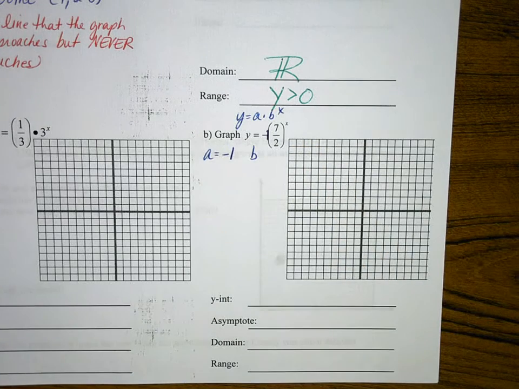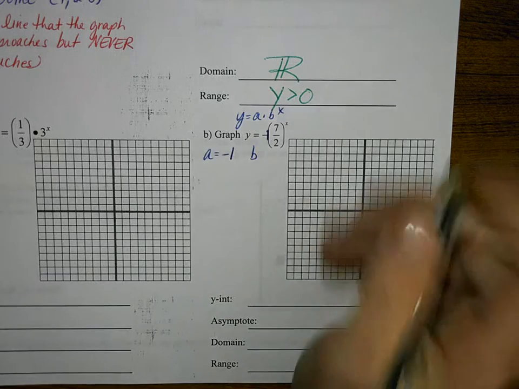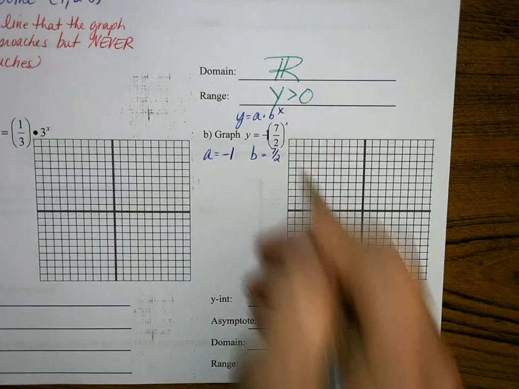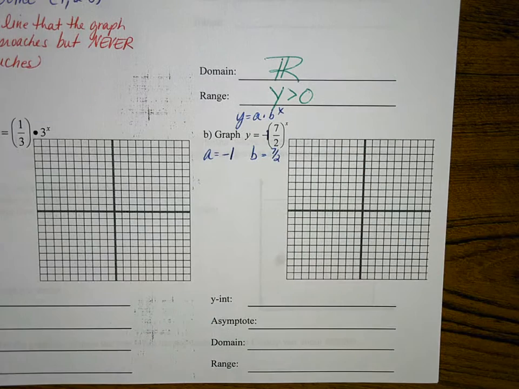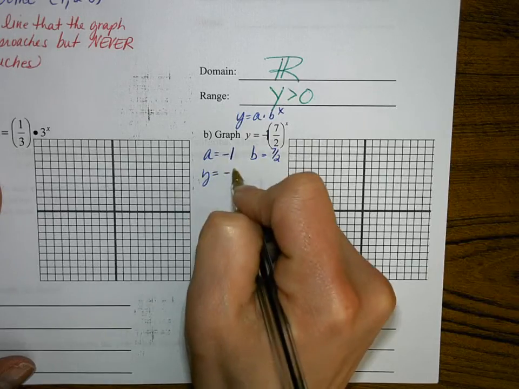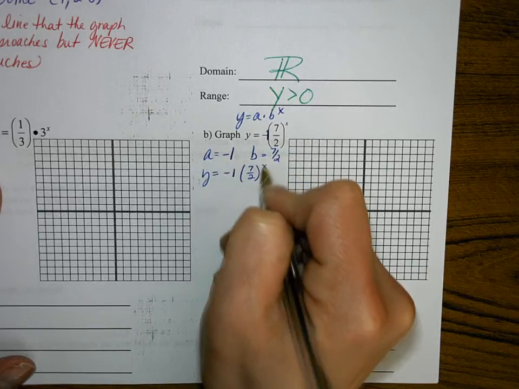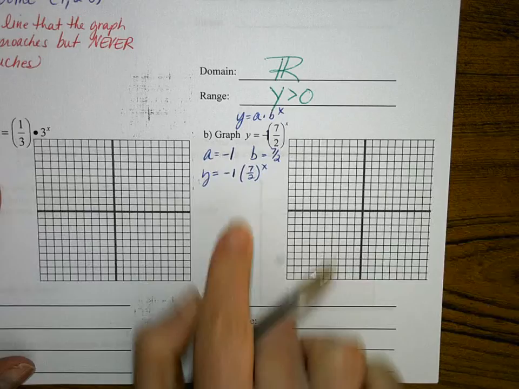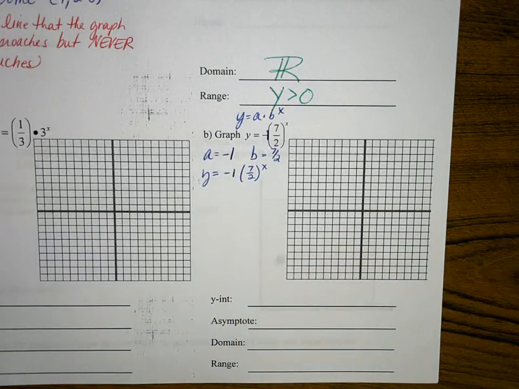And what is my B value, Lena? 7/2. Beautiful. My A value is -1. My B value is 7/2. I could have just as easily written y is equal to -1 parentheses 7/2 to the x instead of just that negative being out in front. Sometimes that can be tricky for us.